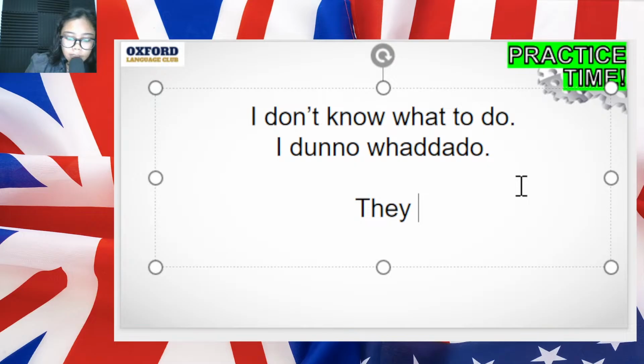Let's go immediately to its elided form: "the no." The full sentence is "They don't know anything about it." Its natural form would be "They don't know anything about it."